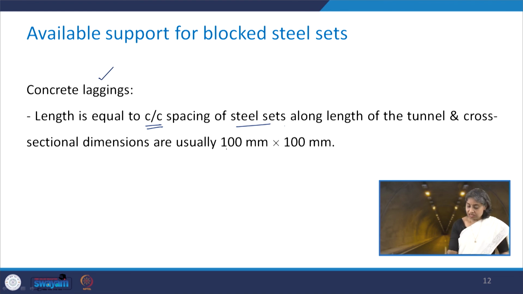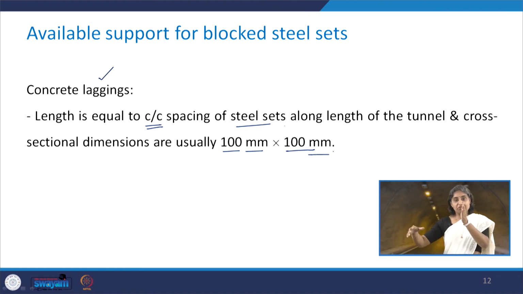The dimensions are usually 100 mm by 100 mm. So if this is the length of the tunnel and you provide one steel set here, there is going to be another steel set at some center to center spacing. If these are the two steel sets, the concrete lagging is provided along the length of the tunnel having length equal to the center spacing of the steel sets.